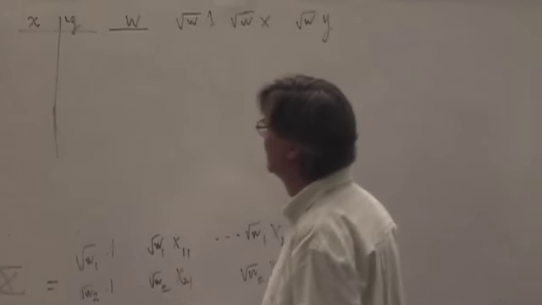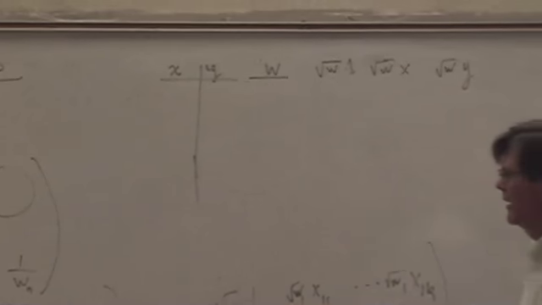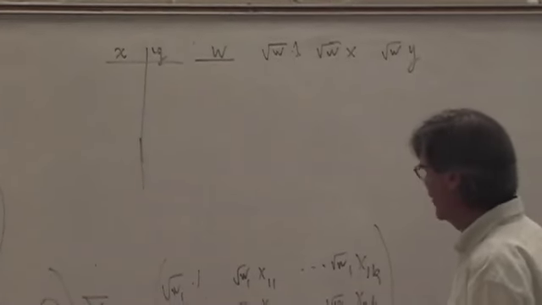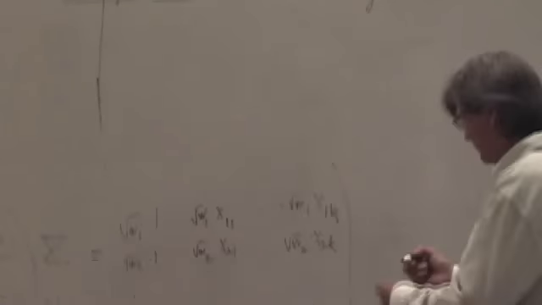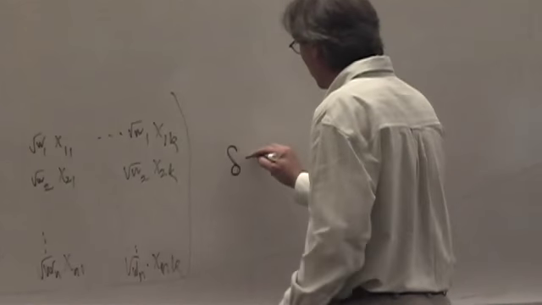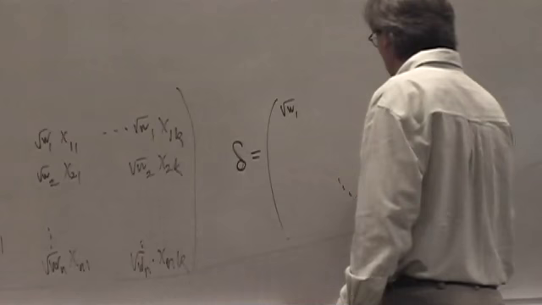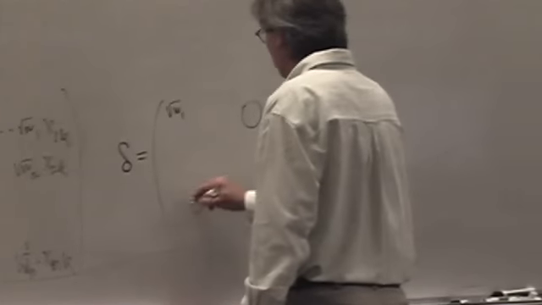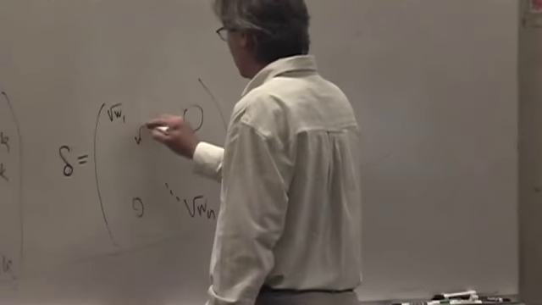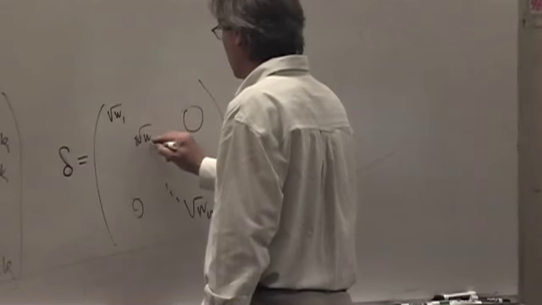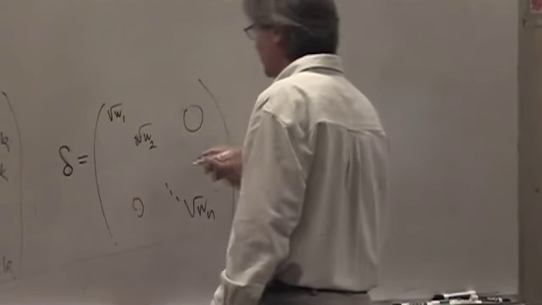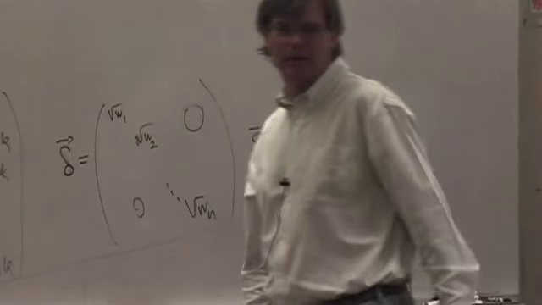So I'll do that. And then formally I'll also have delta, the error vector, which is equal to the diagonal matrix, square root of w1 down to square root of wn, times the epsilon vector. Alright, formally that way.